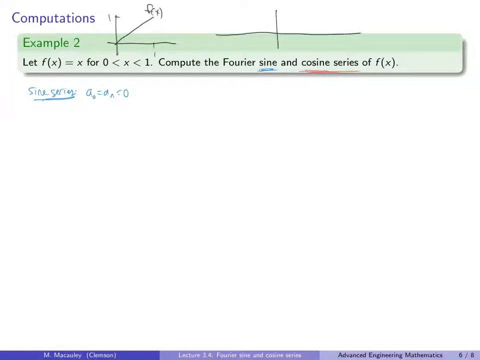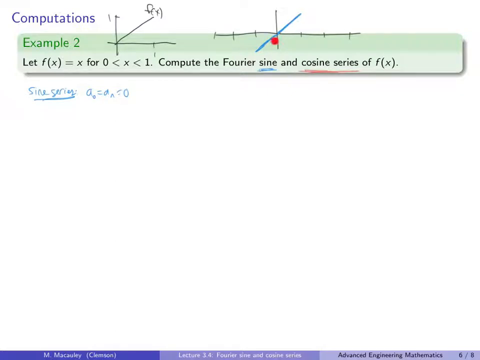So the Fourier sine series is the Fourier series of the odd extension. So here's the function. The odd extension, think of this as a two-step process. Step one, make it odd. So we take this little piece and reflect it about the origin. If you want to think about it, reflected about the y-axis, then the x-axis, you can do that too.